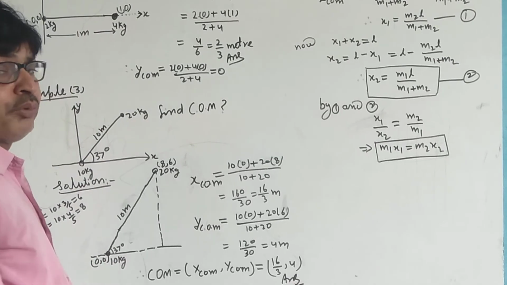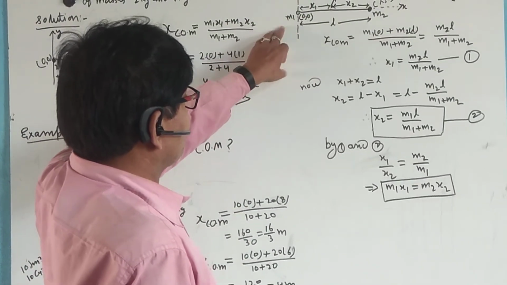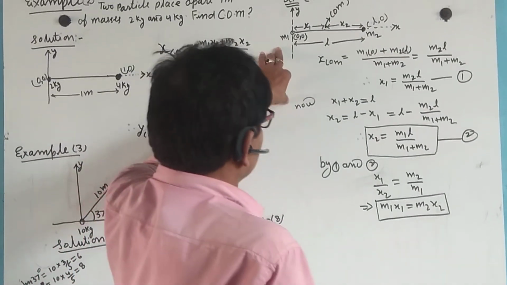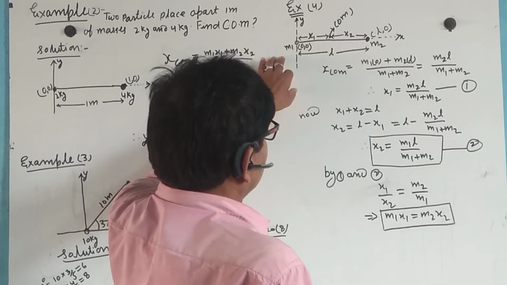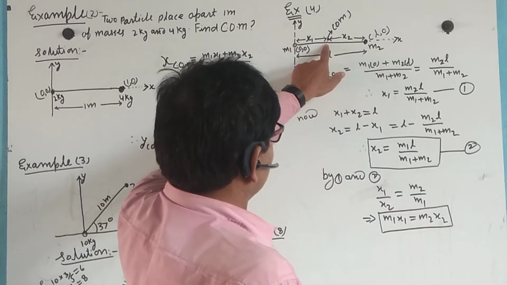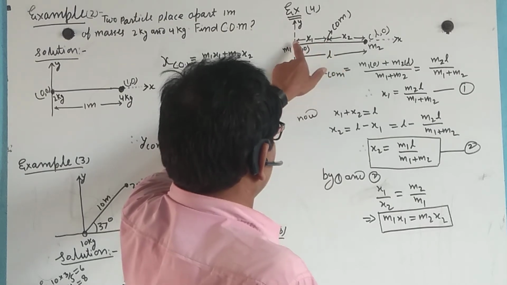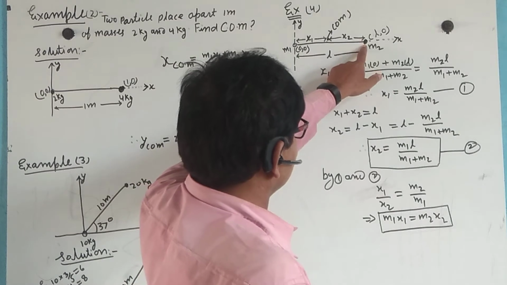Now we have to find example 4 here. Here also we have to find the relation between the masses and the distance of the center of mass from the origin, from this mass and this mass.